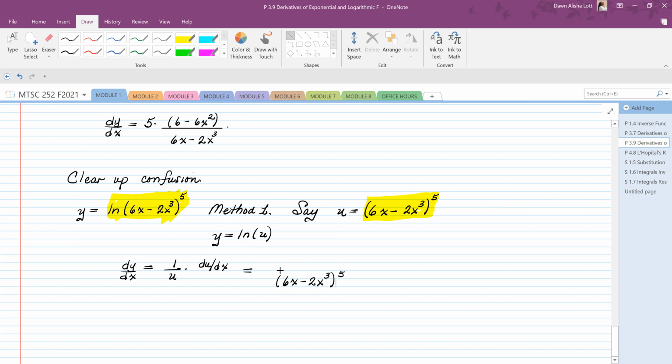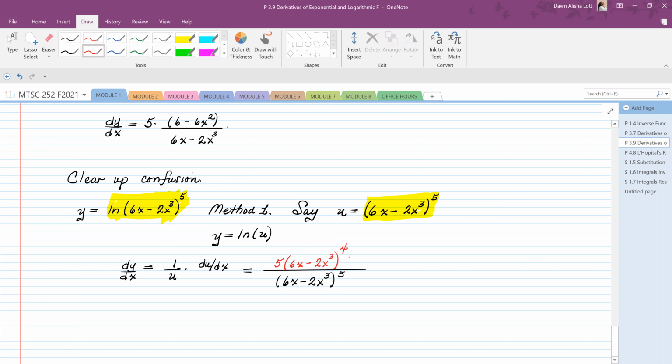That's u in the denominator. And I would multiply by its derivative, which is going to be 5 times 6x minus 2x cubed to the 4th power.